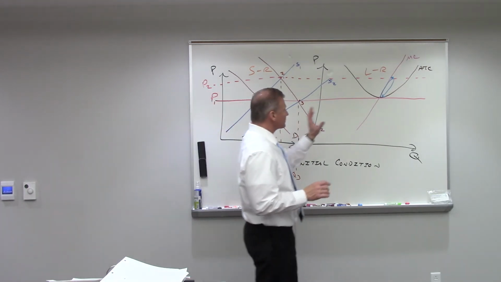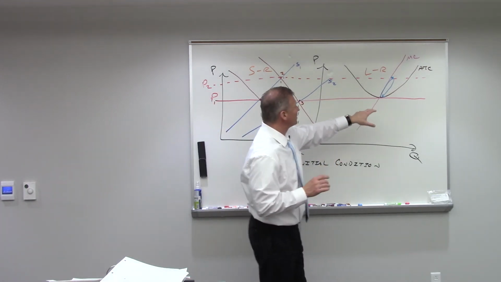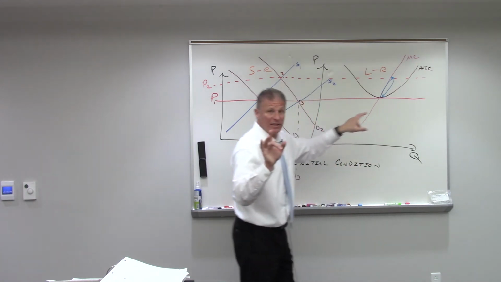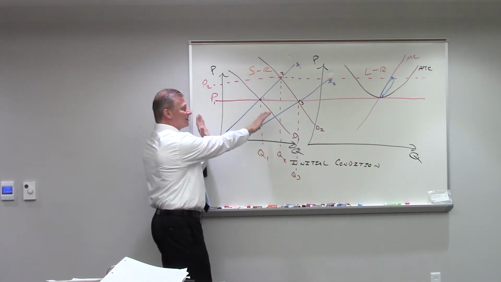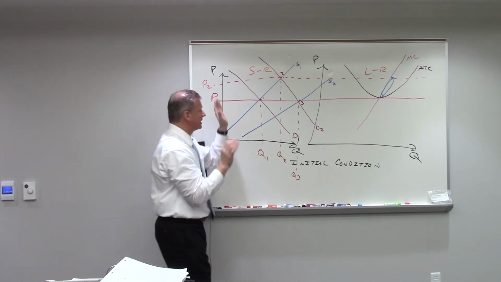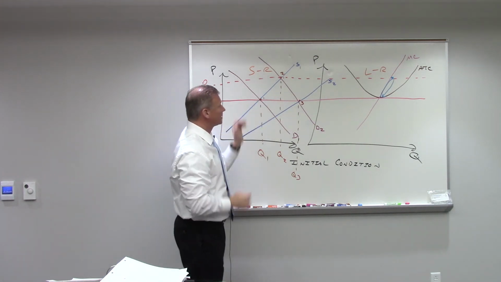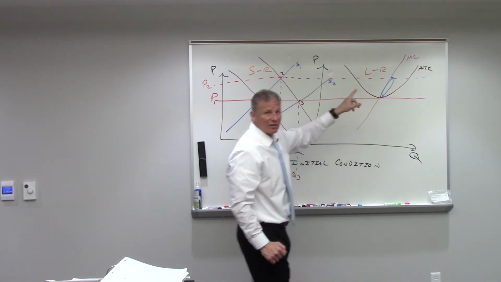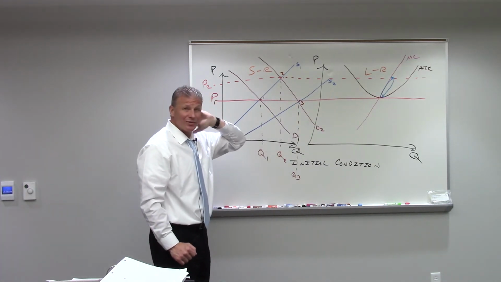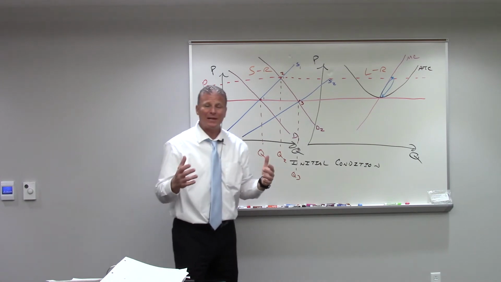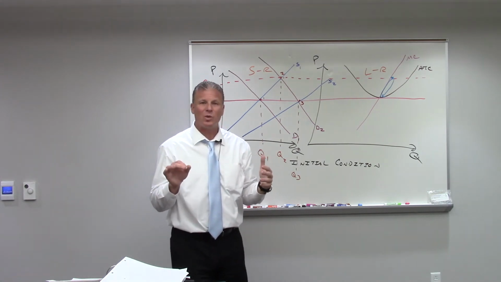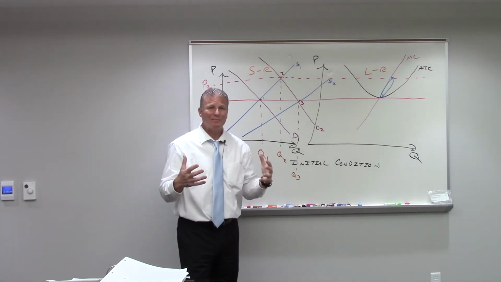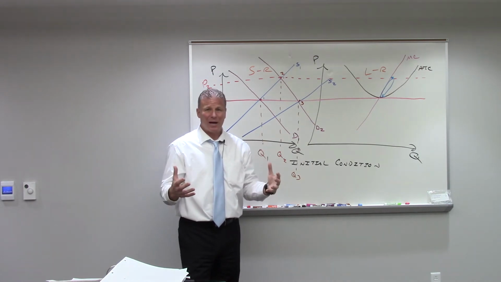Now, if you think about where this average total cost curve is, notice even though we had short-run changes in supply and demand, and that's really what I want you to see here, short-term changes in supply and demand, that average total cost curve really didn't move. Because think about what's happening. We talked a little bit about this on Wednesday. The cost of producing milk didn't go up.